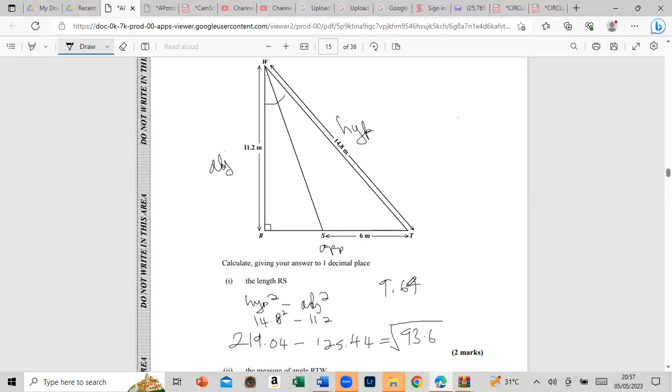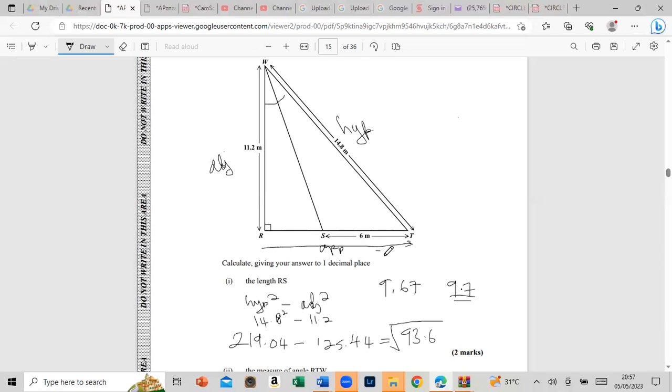They did say round it up to 1 decimal place, so we add 1 to the 6, which is 9.7. That's not the answer though. The answer, all of this measures 9.7.